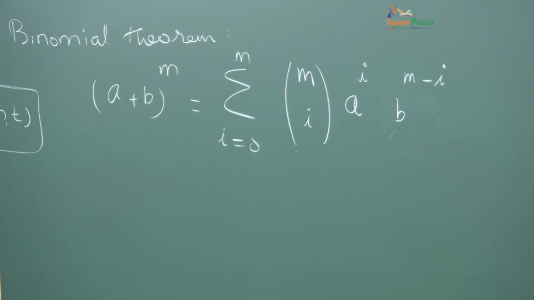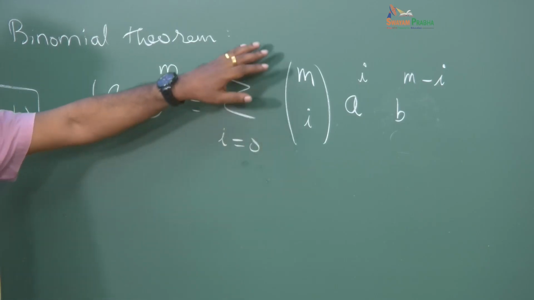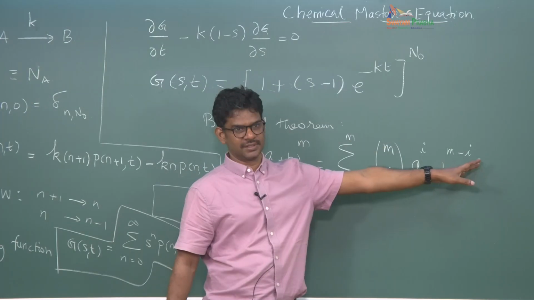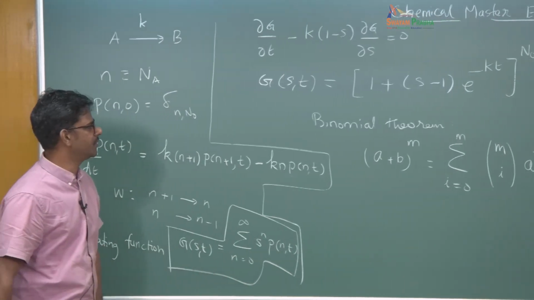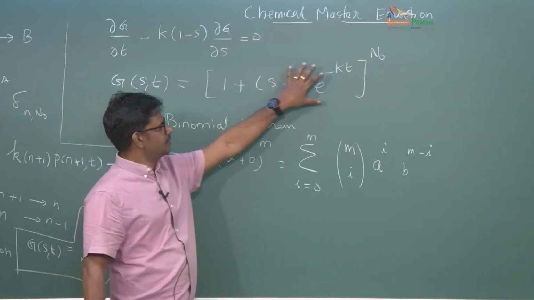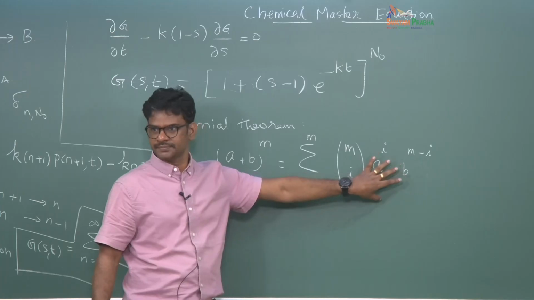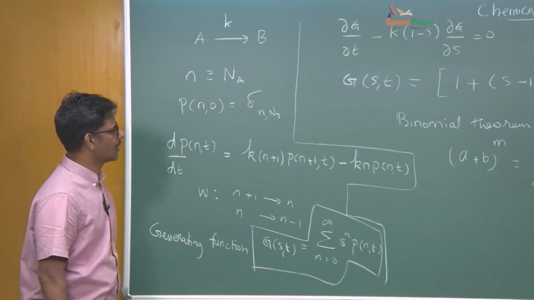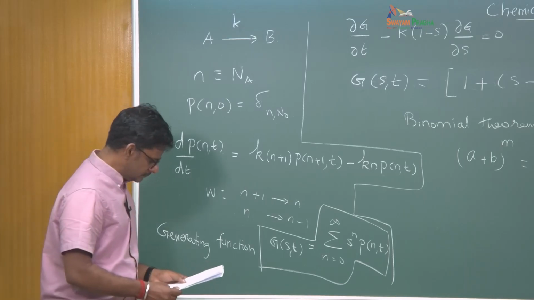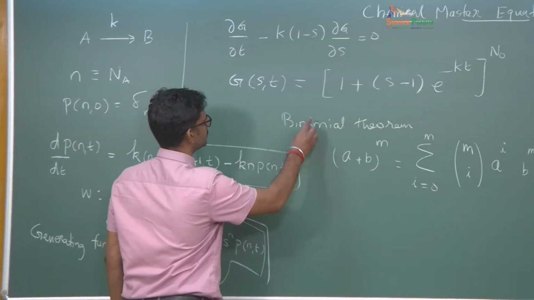Okay, so i is an index here that goes from 0 to m. So basically you can expand this, and that's what this function is going to be. Why am I doing this? Because I want to use this expression and write it in this form. So before we apply this, let's take this one.